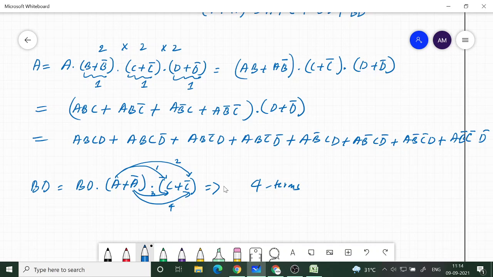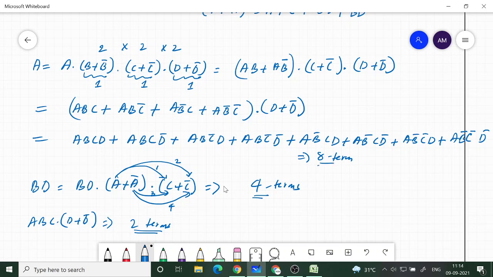Here these are 8 terms you can simplify and show as A. So that is how it comes. This 4, 8, and similarly if there is a term called ABC, you can multiply it with D plus D bar and you will get 2 terms.